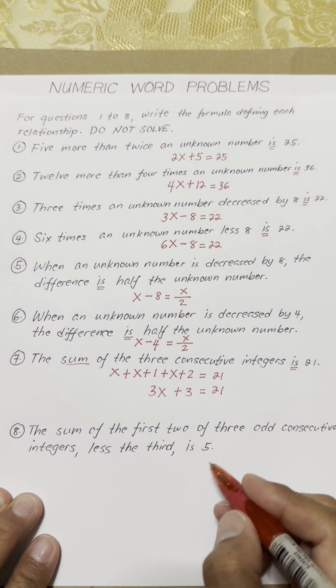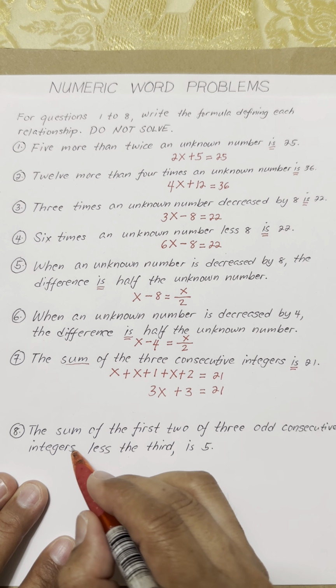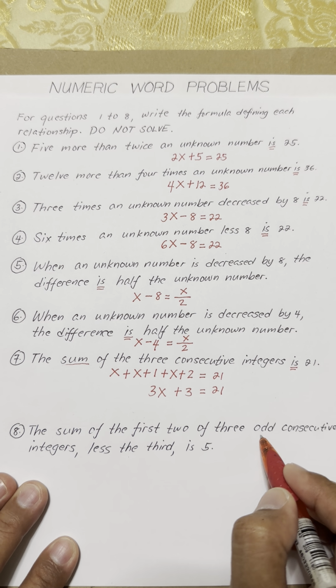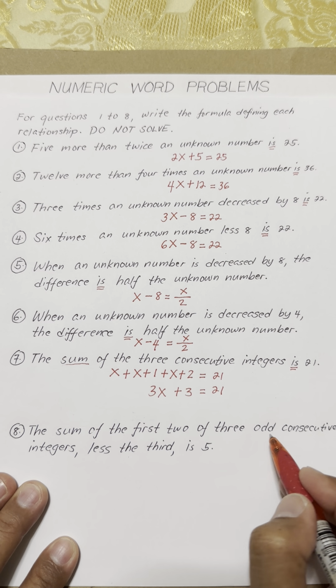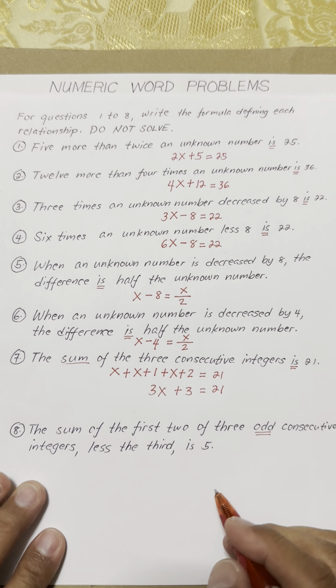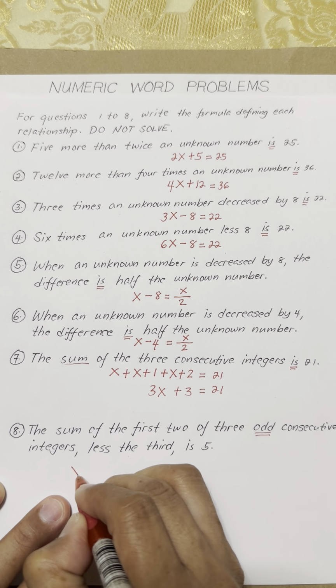All right? So the next and last problem, number 8. The sum of the first 2 of 3 odd consecutive integers. So there's a mention of odd. We know that the format or the pattern is something like this for odd or even integers.